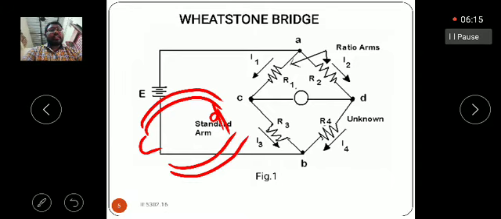Here we have constructed the bridge between C and D. For example, we have two paths: one is A, C, D, and another path is C, B, D.